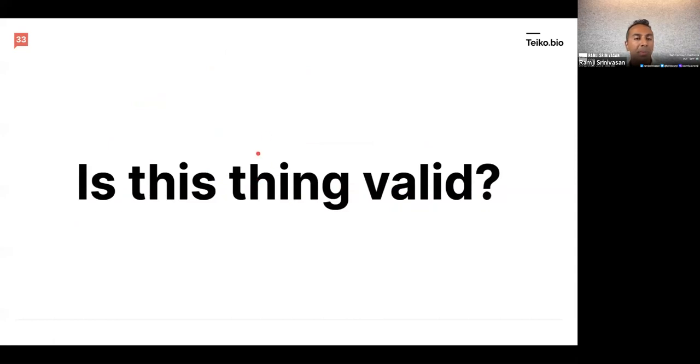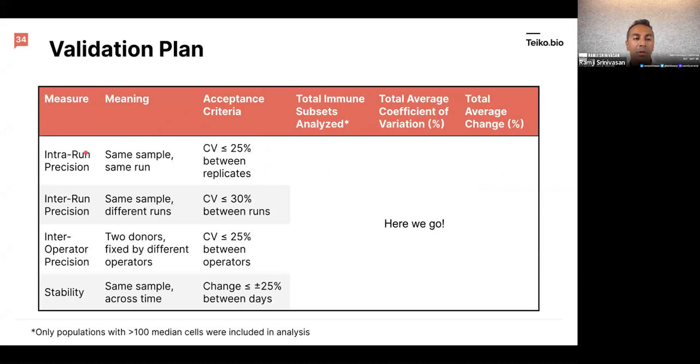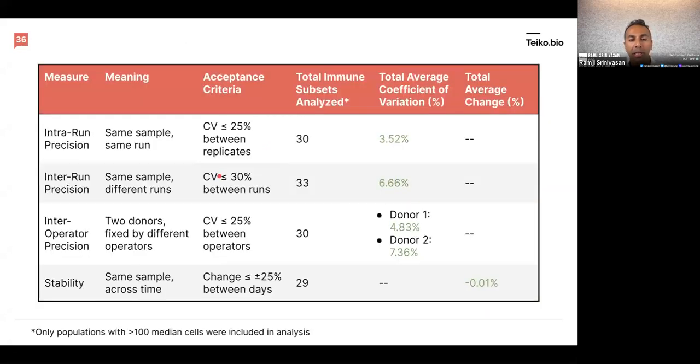So again, the big question that customers have is, is this thing valid? And we looked at all these 4 measures: intra-run, inter-run, inter-operator precision, and stability. We set out different criteria, and we concluded yes. For intra-run precision, if you remember, we set out CV of less than 25%. We posted 3.52%.